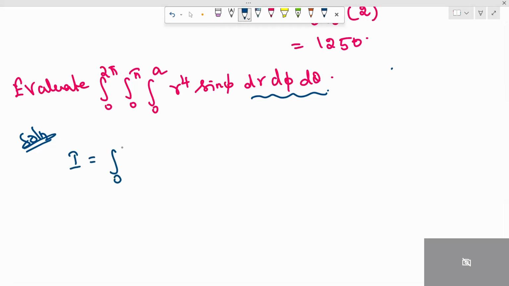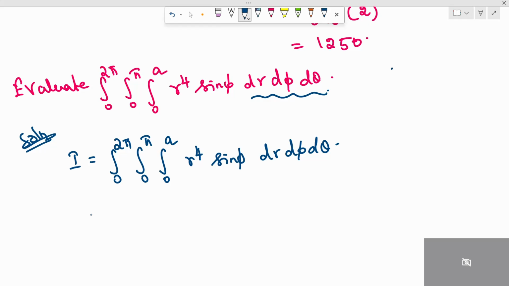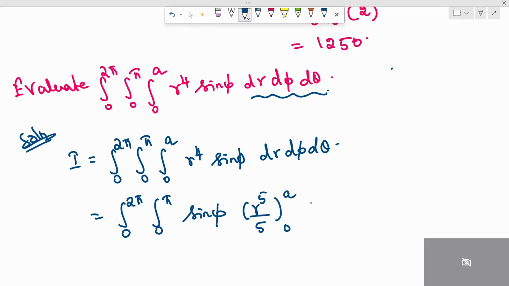Given problem: 0 to 2 pi, 0 to pi, 0 to a, r power 4 sin phi dr d phi d theta. First we are going to integrate with respect to r. Here sin phi is temporarily considered as constant. The integral of r power 4 is r power 5 by 5 with the limit 0 to a, d phi d theta.